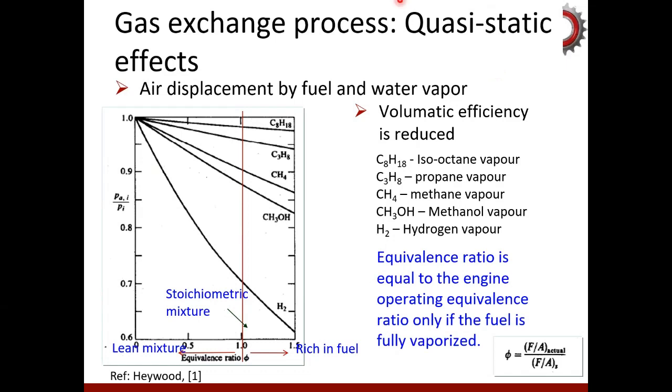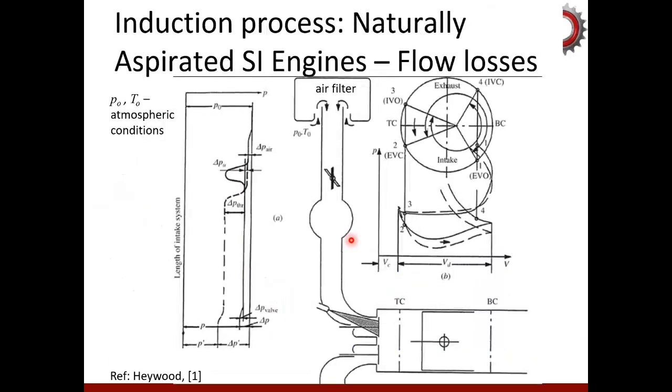This diagram shows the intake air pressure ratio to intake system pressure ratio for the different types of fuels that we use at different equivalence ratios. On this side it is a rich mixture, more fuel, and you can see the pressure of air drops with the increase in the amount of fuel in the system. That will negatively affect the volumetric efficiency of the system.